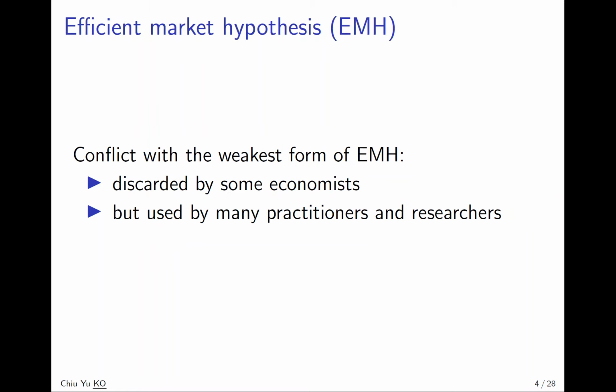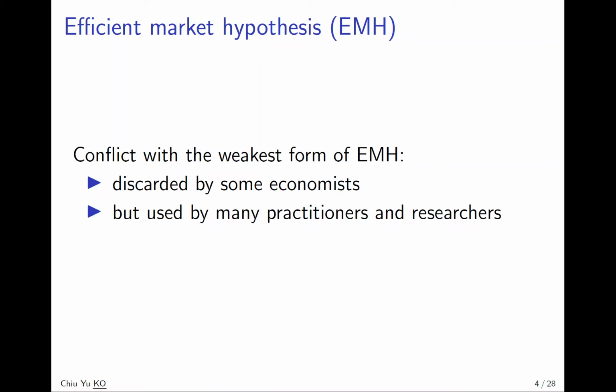Some of you may be surprised to hear about using past prices to predict future prices, because if you learned the efficient market hypothesis, you know even the weakest form would say price history cannot be used to predict the future price. If there were such a formula, people could use it, and the market would adjust quickly because markets are rather efficient.